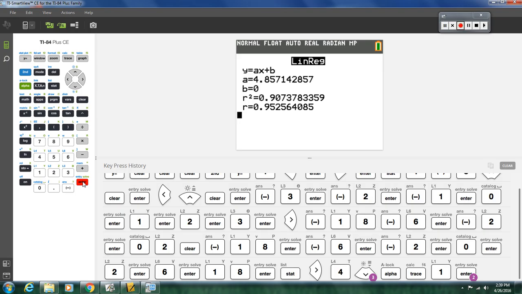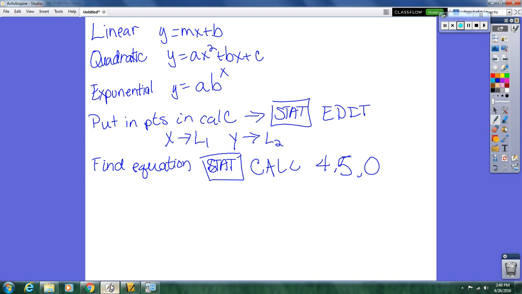So does anybody know what R stands for? We've talked about this over and over and over. It is called the correlation coefficient. Yeah, correlation coefficient. This is very important.